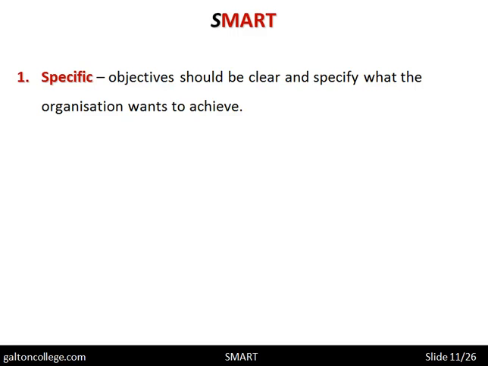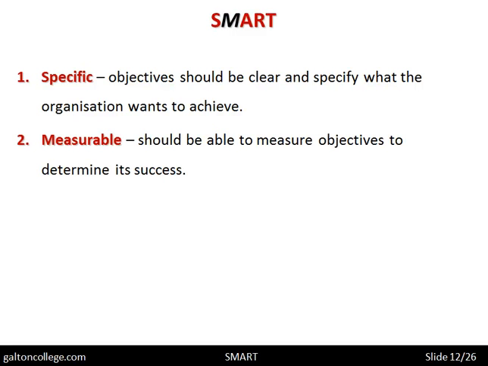Next, measurable. The objectives should be measurable, should be capable of measurement, so as to determine their success. Ideally, objectives should be measured. They should be gauged in some way as having met the objectives or not met the objectives.